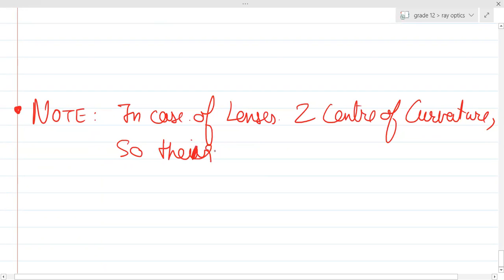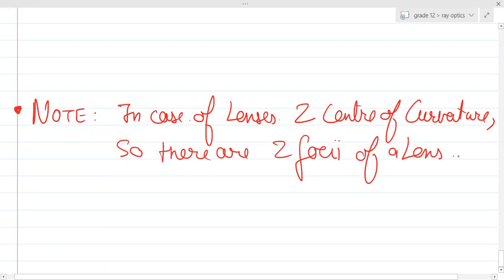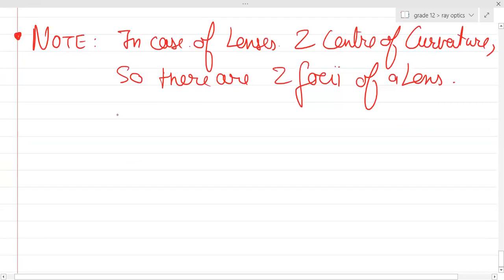So there are two foci of a lens, right? Yes or no? Can anyone tell me where the centers will lie? Let us take the left surface as 1 and the right surface as 2.